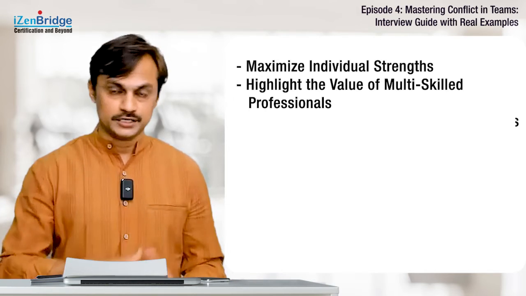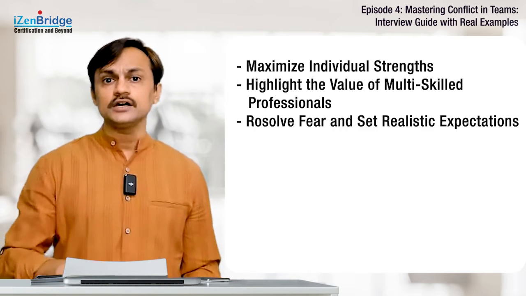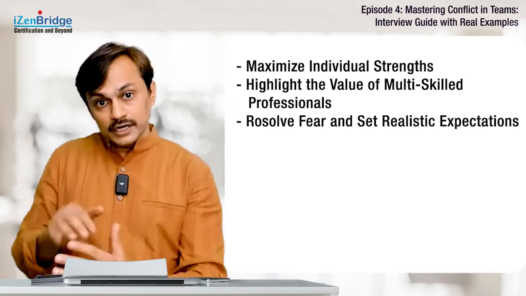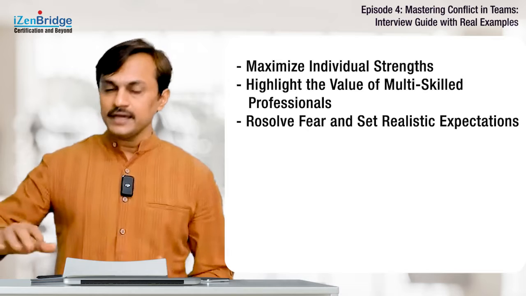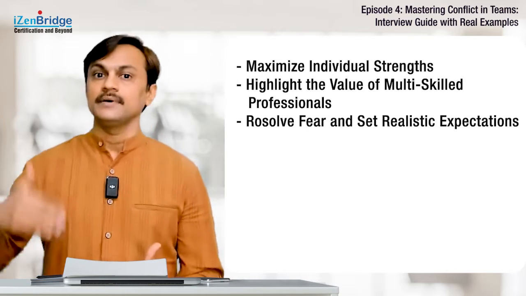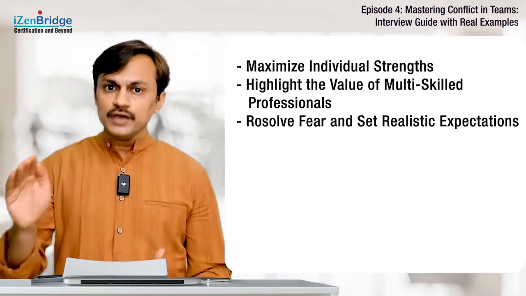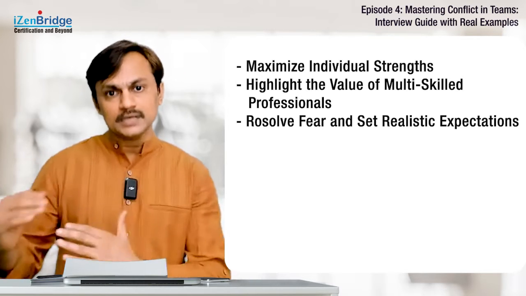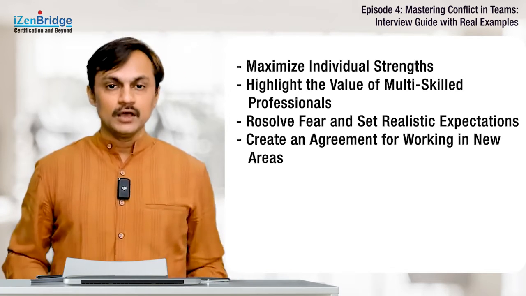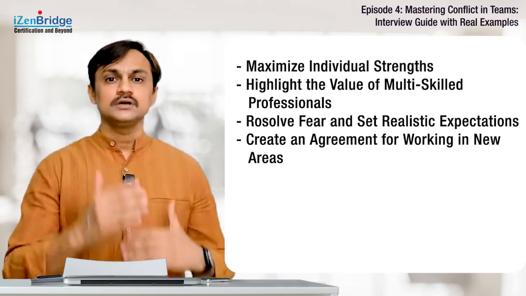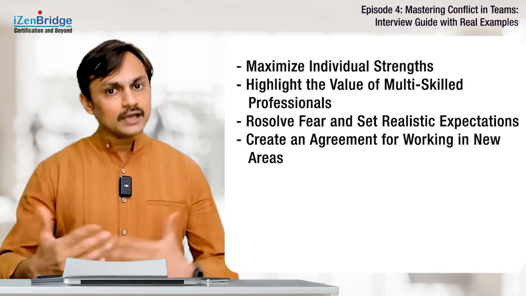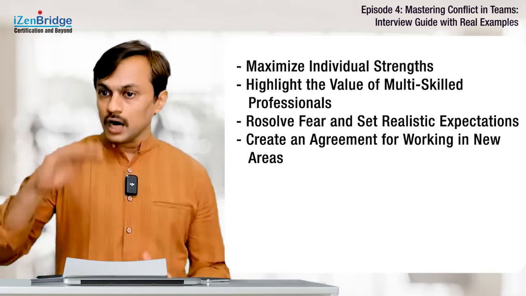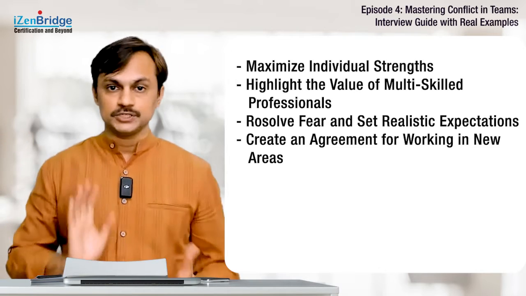You also resolved the fear, because the person was fearful about not being able to perform the work in that area well. So you clarified that we are not expecting very expert level expertise in that area. We are expecting a support level, average level expertise, so that you can help us move forward when needed. After clarifying the expectation and understanding his fear and having clarity about how we work forward, you started getting an agreement from this person on how to work in the other area.